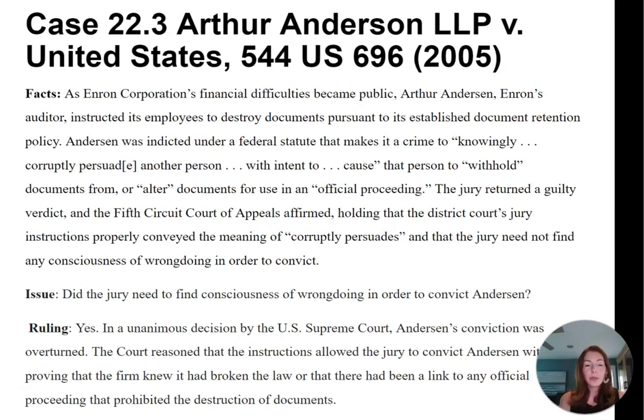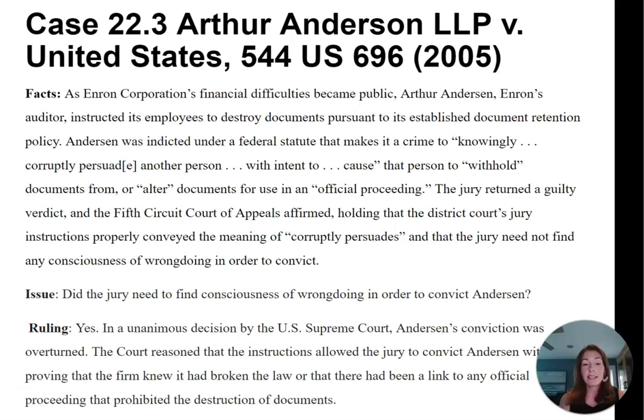So the issue, which was determined by the U.S. Supreme Court, was whether the jury needed to find consciousness of wrongdoing in order to convict Anderson. Did they need to have this intent factor? And in a unanimous decision, the U.S. Supreme Court overturned Anderson's conviction and reasoned that the instructions allowed the jury to convict Anderson without proving that the firm knew it had broken the law, right?